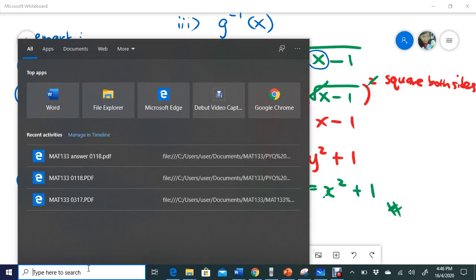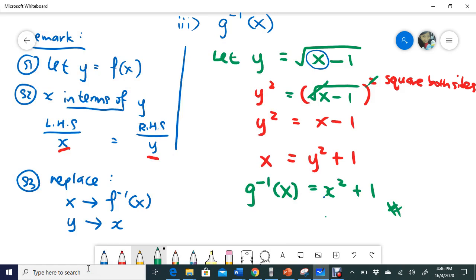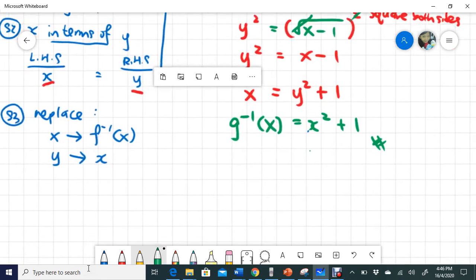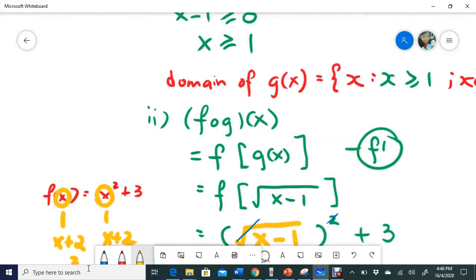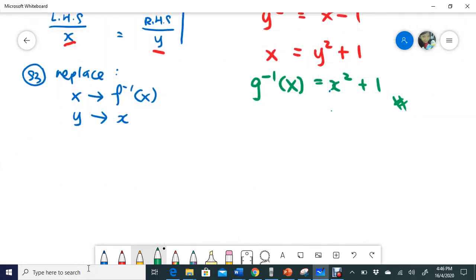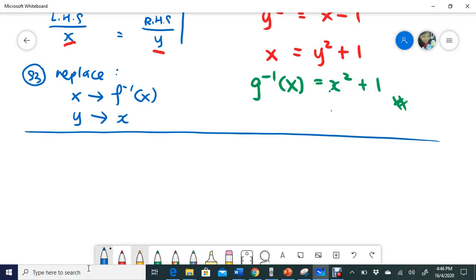Okay, is that finished? No. The question doesn't want this. What does the question want? The question wants you to find the x value, right? The question wants you to have f g x equal to g inverse x.